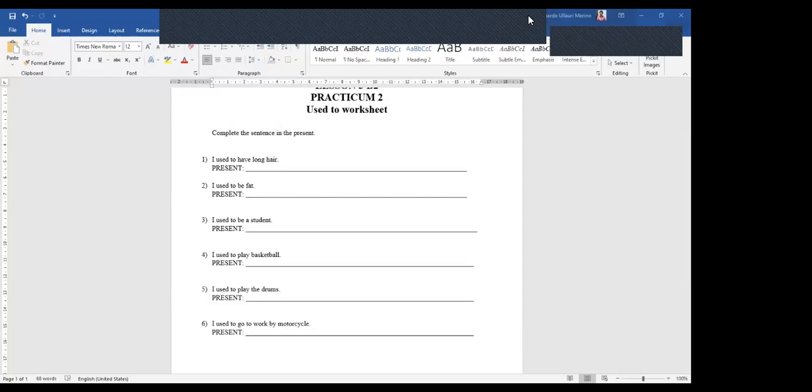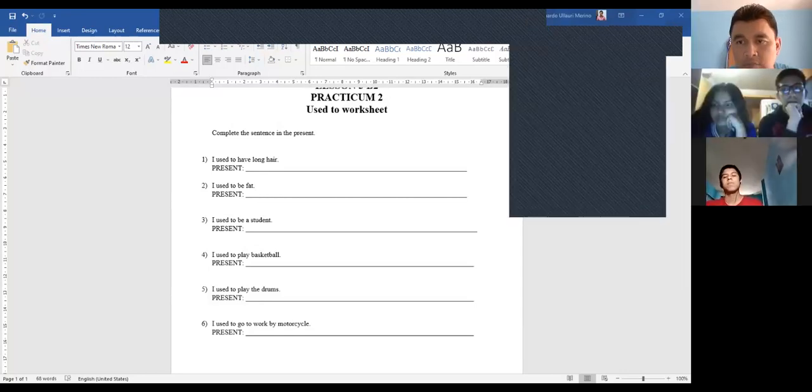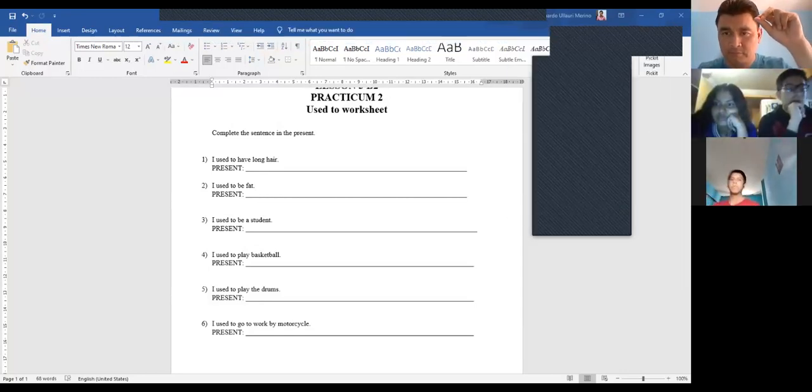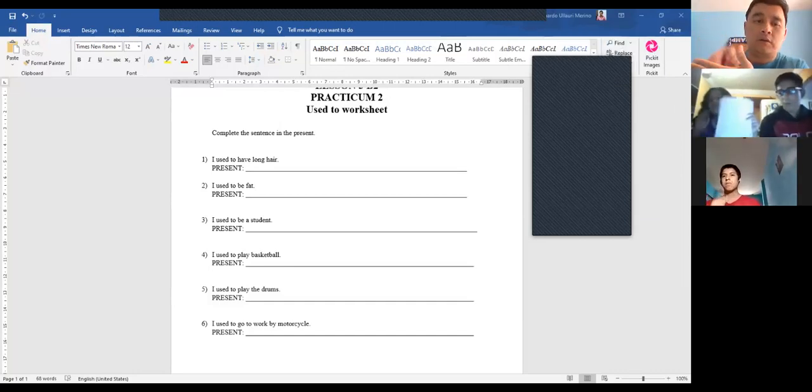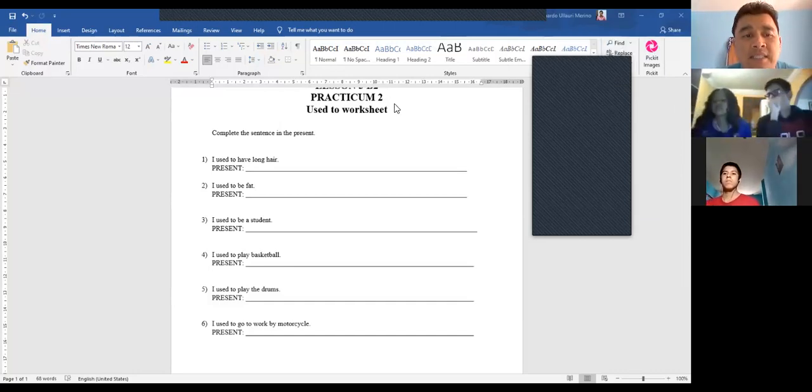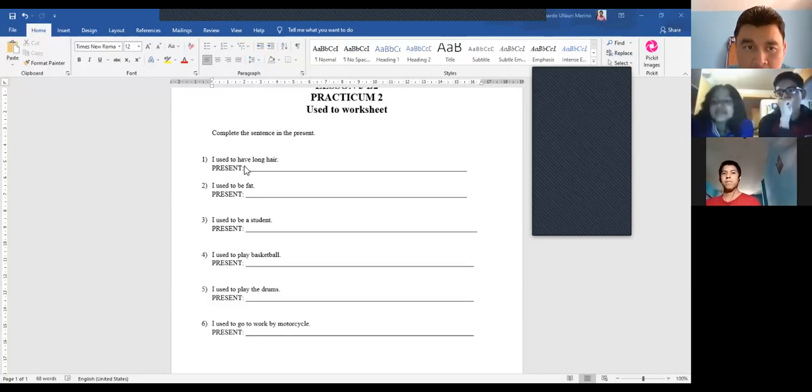This worksheet, remember? Sí la tienen, ¿verdad? Complete the sentences, correct? I give you a sentence with used to, and you have to create the present, right? So start working.